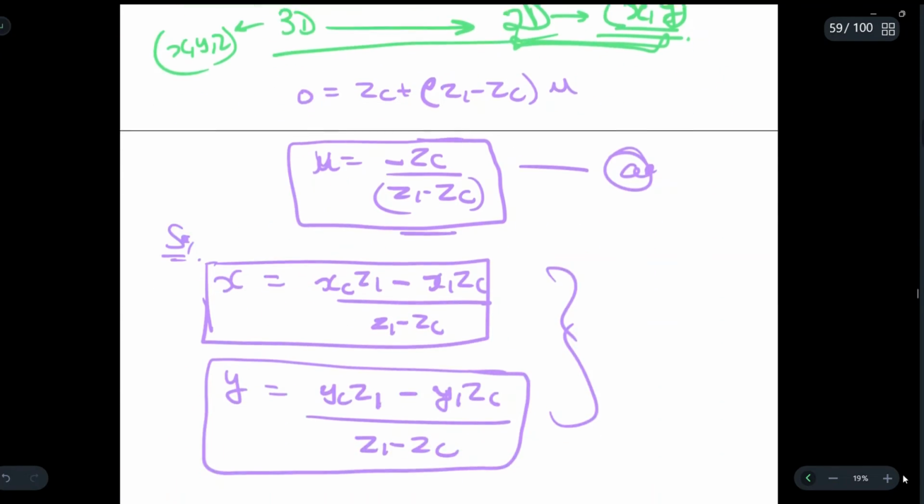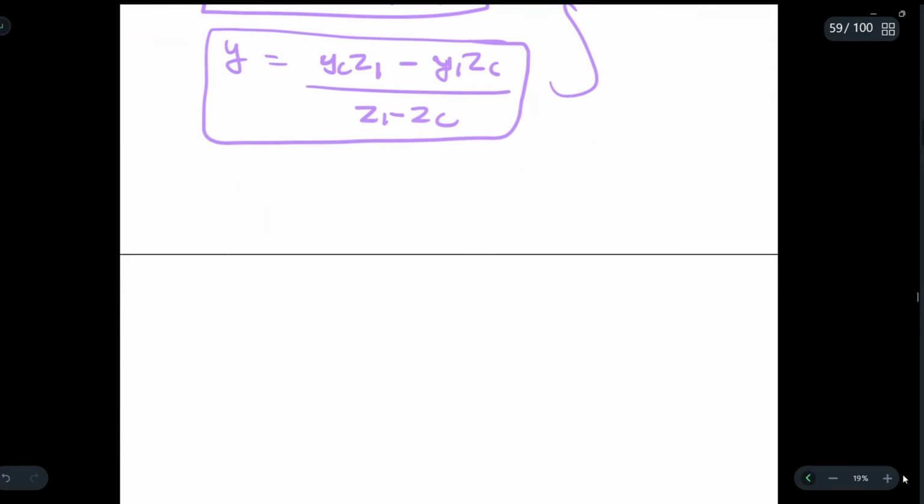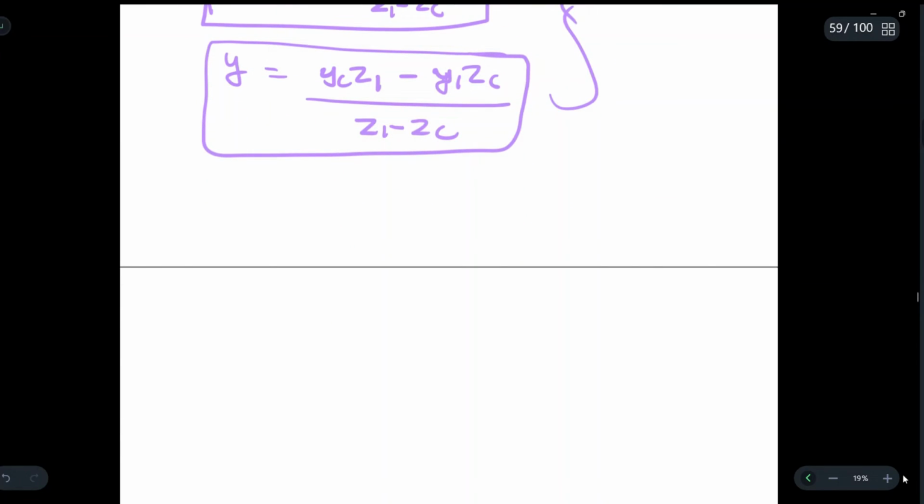Now we are going to write this in homogeneous form, or we can say in the matrix form. Suppose we have to find point P, and then we have x, y, z, x1, y1, z1. And in order to write this in a 4 cross 4 form, we will put 1 over here, so that it is in the homogeneous form.